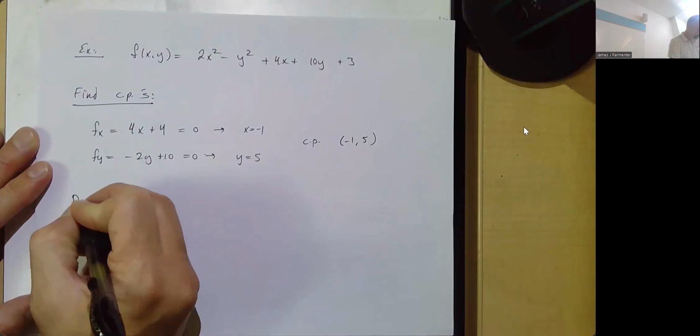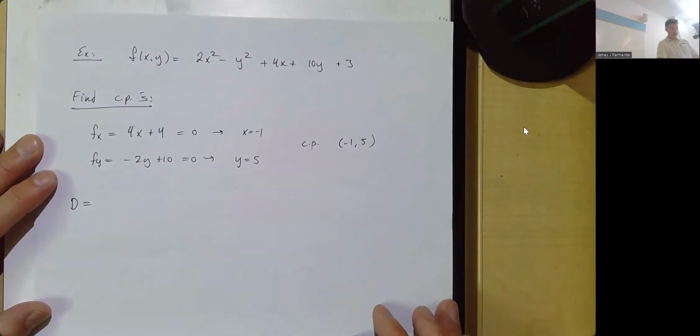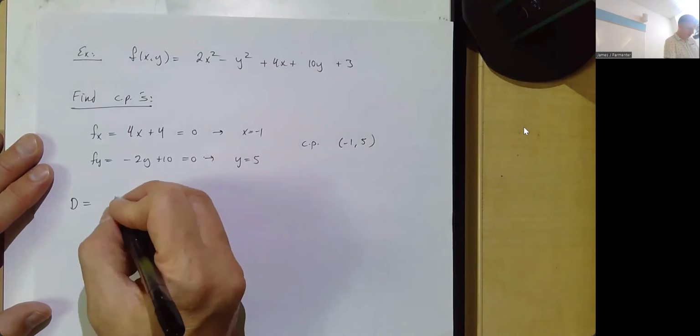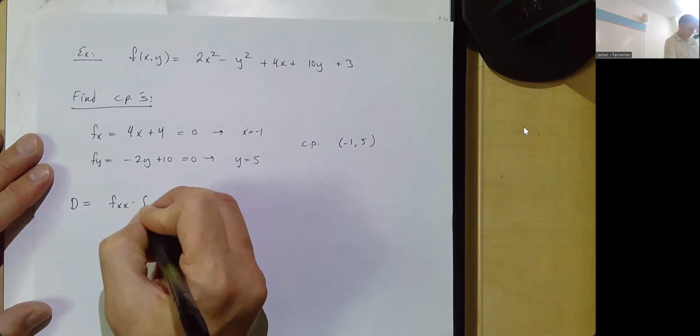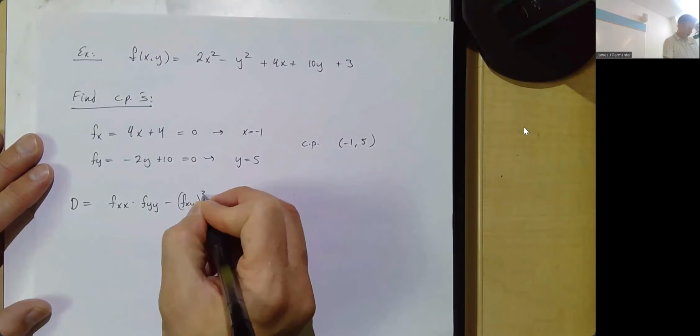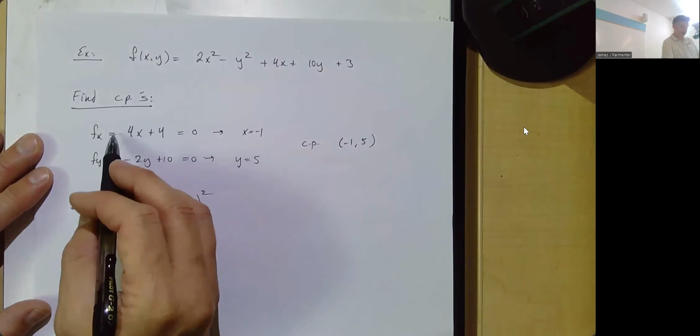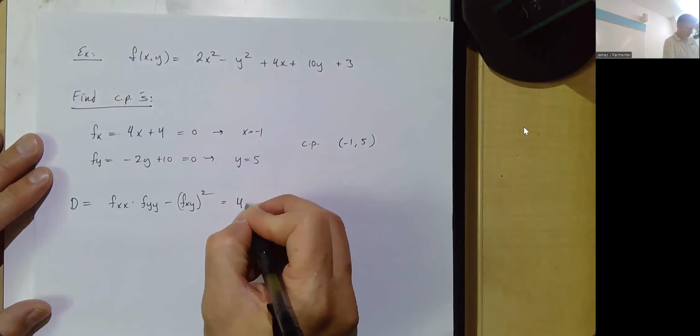Then we're going to calculate D. So again, I find my second partials by looking at my first partials. D is going to be fxx times fyy minus fxy squared. For fxx, if I take the partial with respect to x, I'm going to get 4.